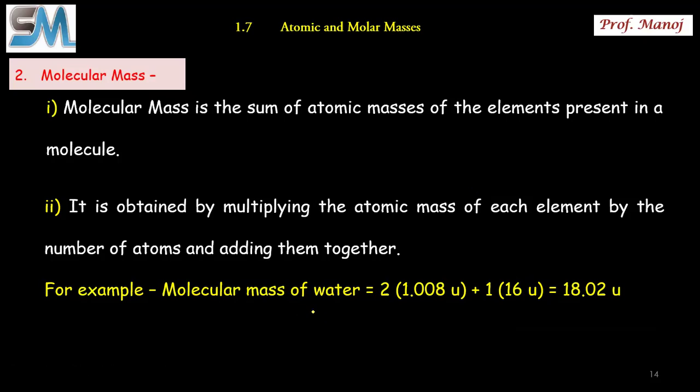So in case you are looking at simply a molecule of water, it has hydrogen's atomic mass given to you, multiplied by 2 hydrogen. Oxygen's atomic mass given to you multiplied by 1. Answer becomes whatever given to you. These atomic masses are usually given to us in exam, so you don't have to be worried about it.